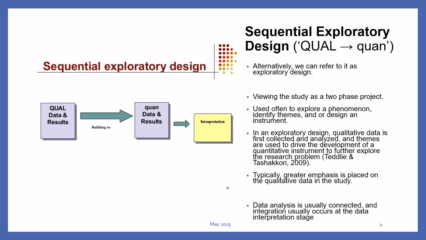So this is an important element in the sequential exploratory design, whereby the researcher can perform a qualitative phase or a qualitative component to explore a particular phenomenon, and according to the findings from the qualitative phase, the researcher can identify the main themes around this phenomenon, and can help the researcher to develop an instrument, to develop a tool, or let's say a survey questionnaire to investigate this phenomenon quantitatively.